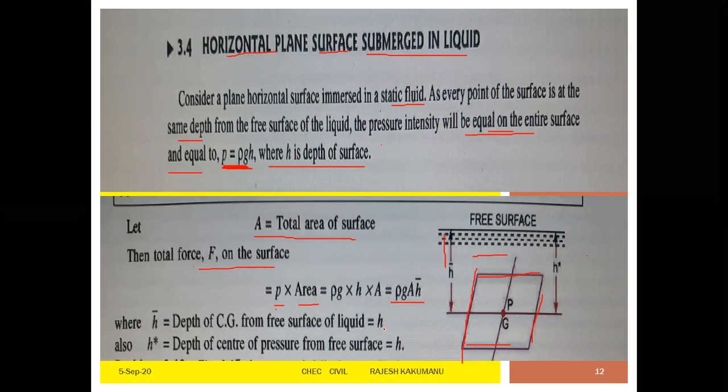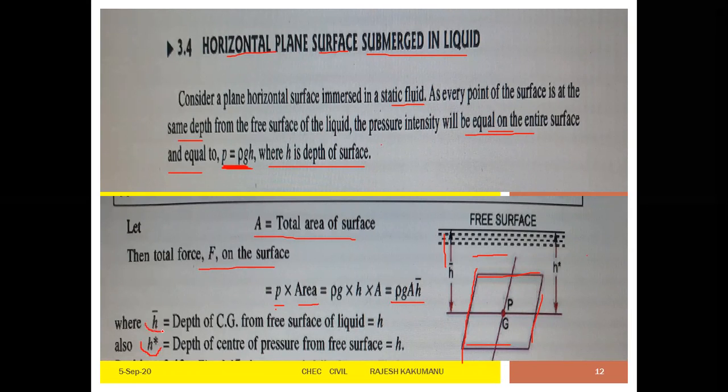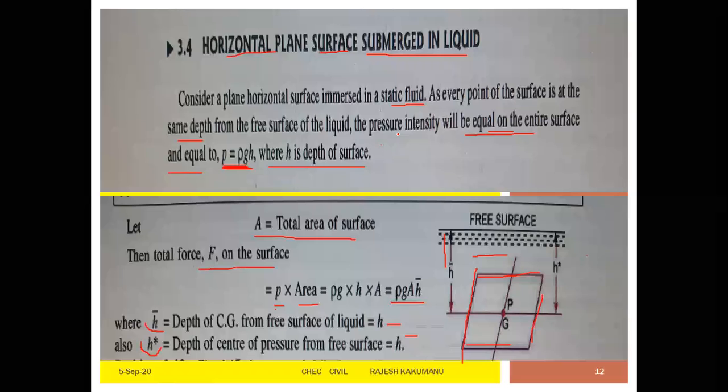H star is the depth of the center of pressure. H bar is the depth of the CG from the free surface of the liquid. Both are at a certain h. Why? As per the condition, the 4 points are floating on the surface of the object or immersed at constant depth, so the height will be the same. Thereby, the center of gravity G and the center of pressure P are equal. This will be the sum of the problems.